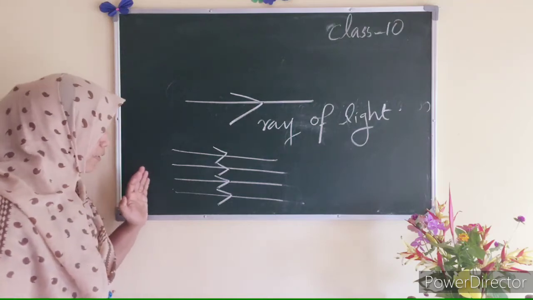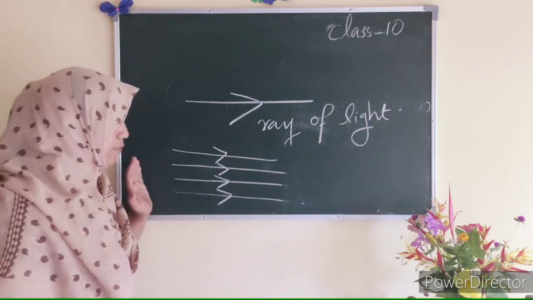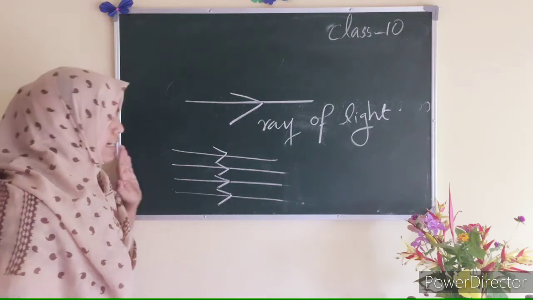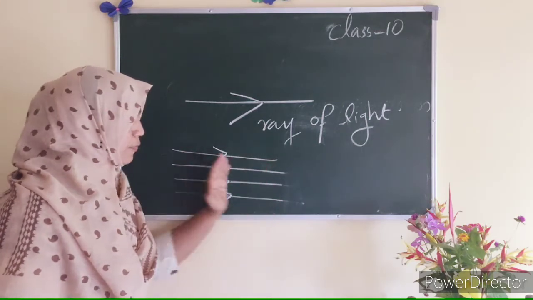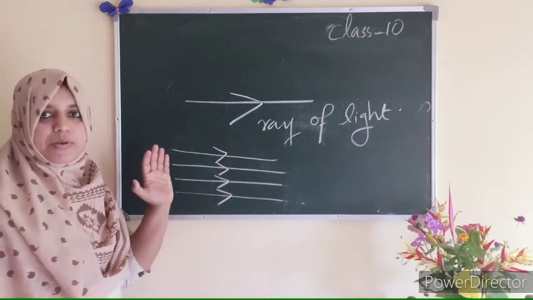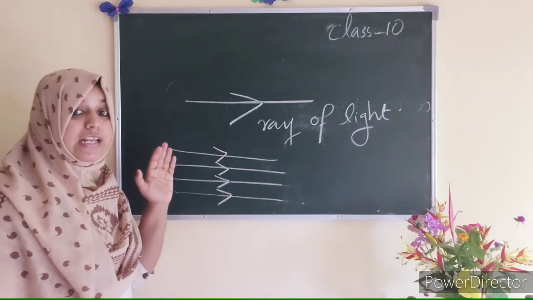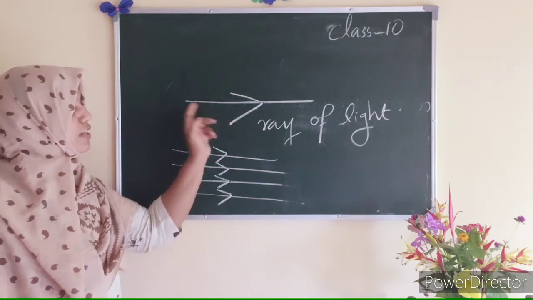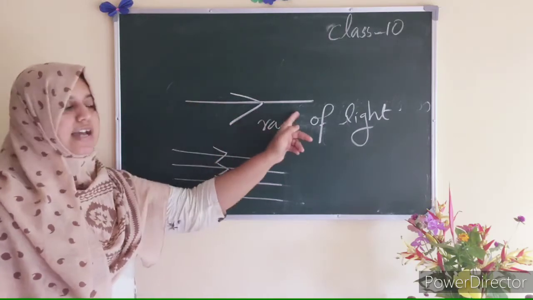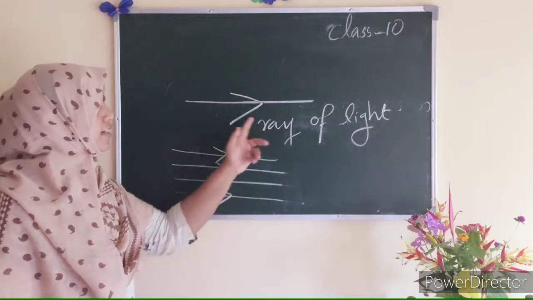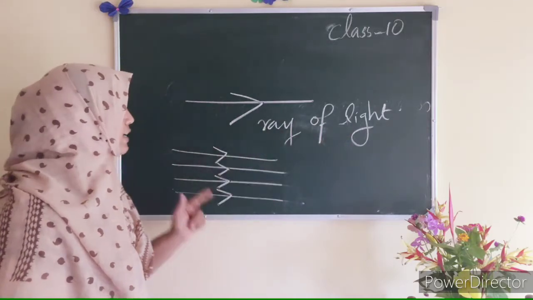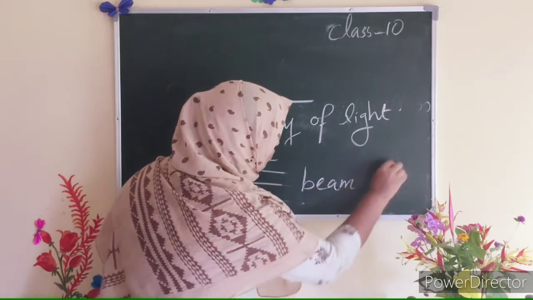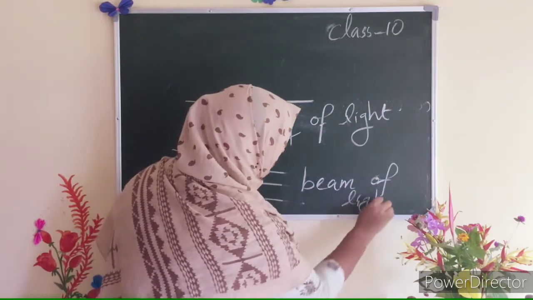Now I am telling about a beam of light. A beam of light is a group of parallel rays that are emitted by a luminous object. This one is a ray of light, represented by a single line. Here is a beam of light.